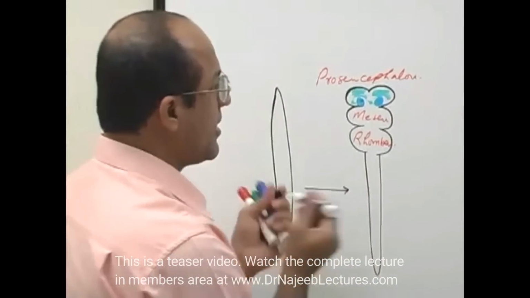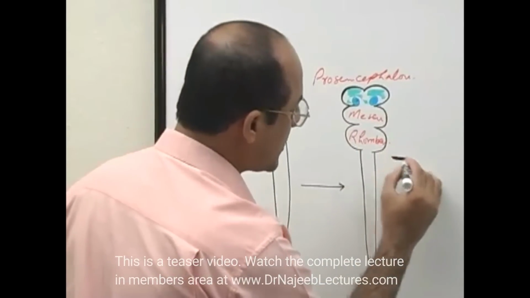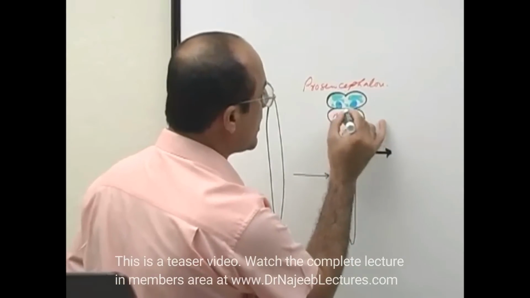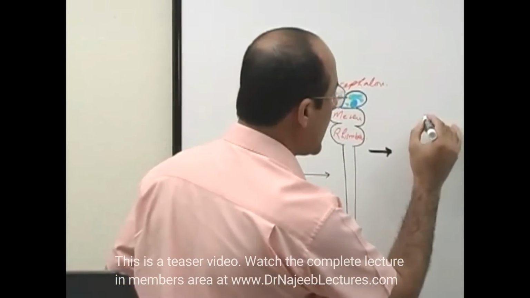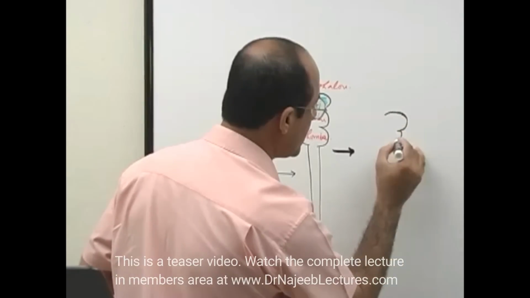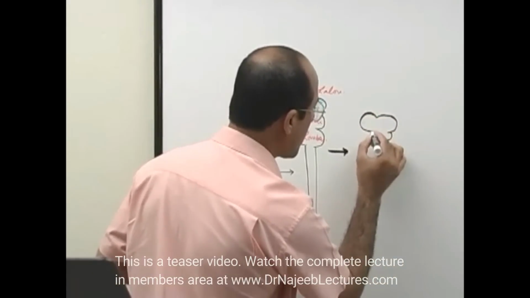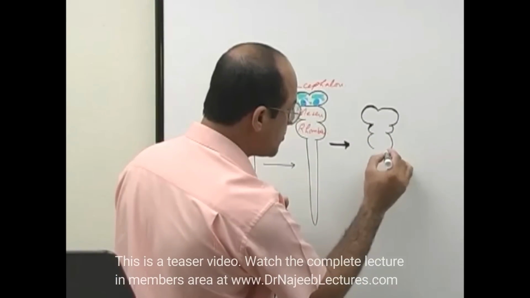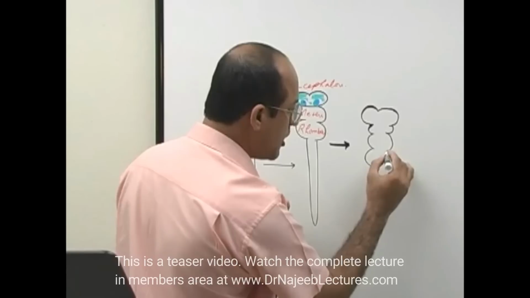As it further develops, the prosencephalon divides into two vesicles. This is prosencephalon, here is mesencephalon.